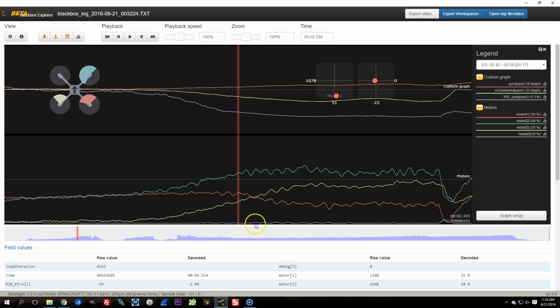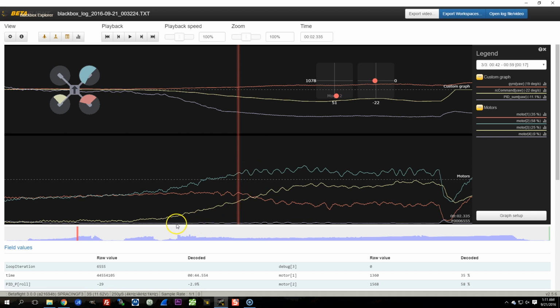And so if we were to conjecture that this was a mechanical problem with the motor, the prop is loose, the ESC is not going to full throttle, there's a timing issue, and the motor is not spinning as fast as it should, all of those things would result in the motor trace going to maximum. Because when a motor makes less thrust than the PID loop needs, the PID loop asks for more thrust, and the motor ends up going to maximum.